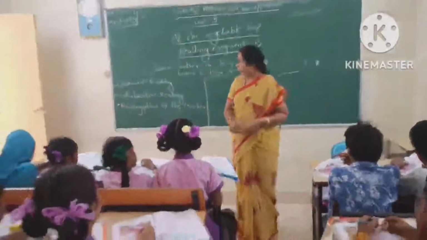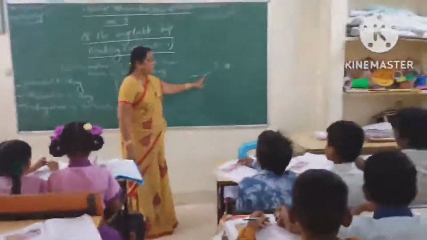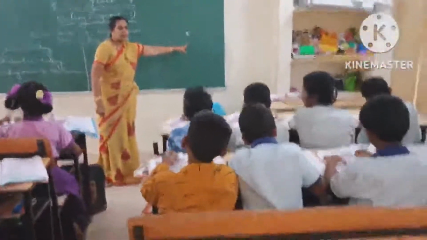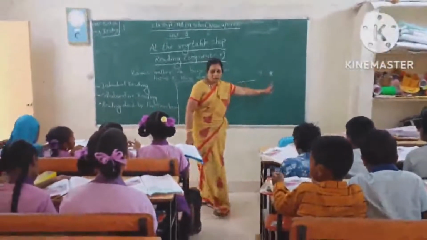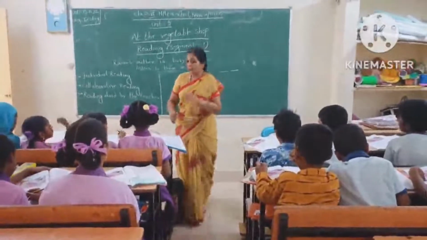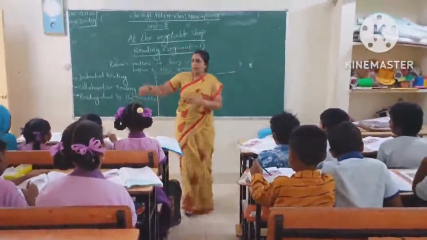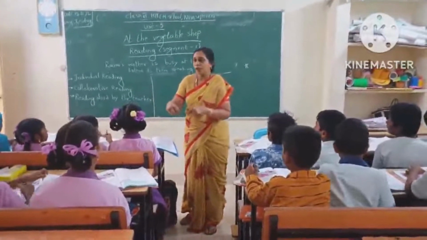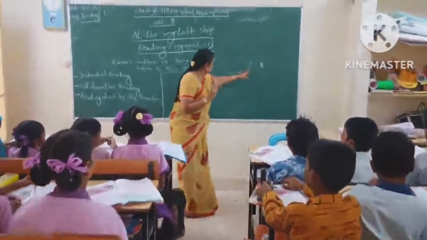Okay, children, did you complete individual reading? I think you got some underlined words, some question mark words and some star words. Good, children. Now we have to do collaborative reading. In collaborative reading, you have to sit in groups. You got some doubts, some questions.